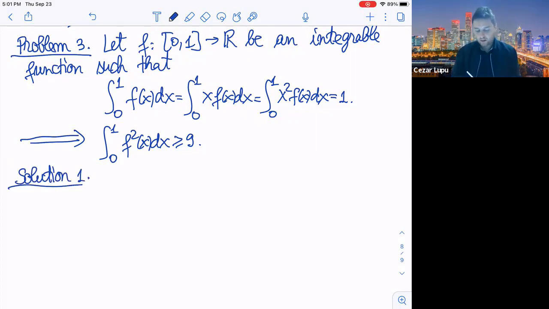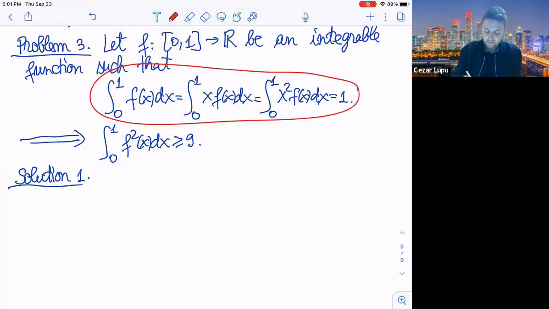As you can see, I have this condition here. I'll leave this to you as an exercise: if you just apply the Cauchy-Schwarz to each one of them, you're not going to go anywhere. For example, let me just try it in a naive way.